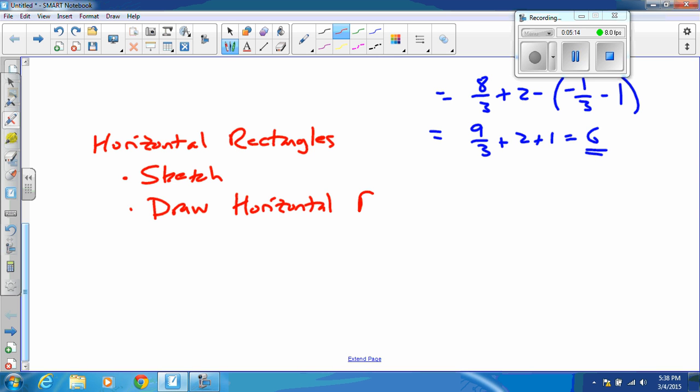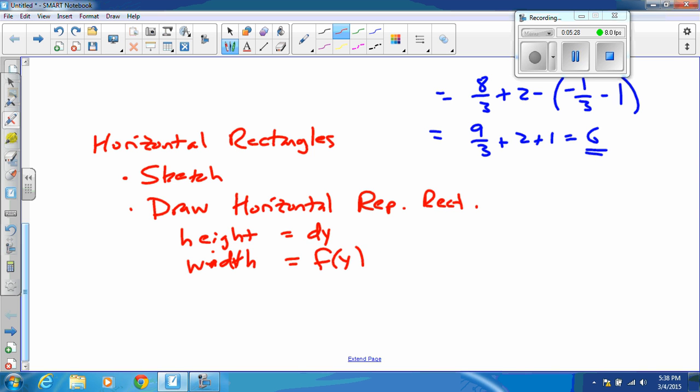Draw a horizontal representative rectangle whose height is going to be dy and whose width is going to be right curve minus left curve.